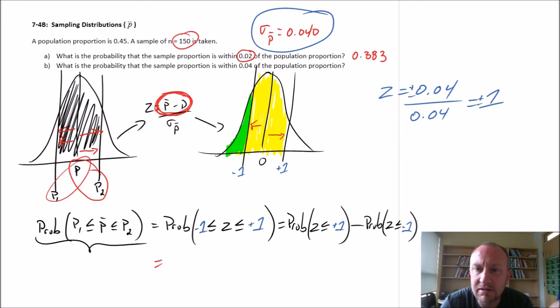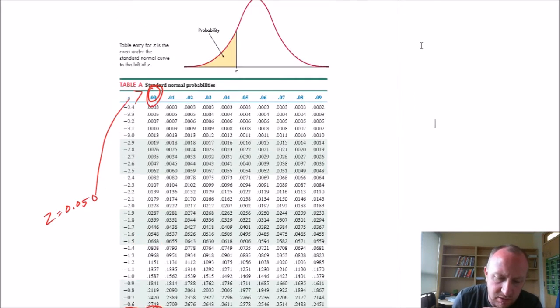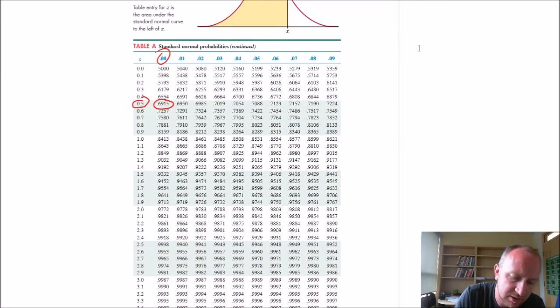So now, again, same exercise. We go to our tables, and we're looking up 1 and positive 1. So let's go to the positive side. There's positive 1.0, and again, that second decimal doesn't change, so it says 1.0.